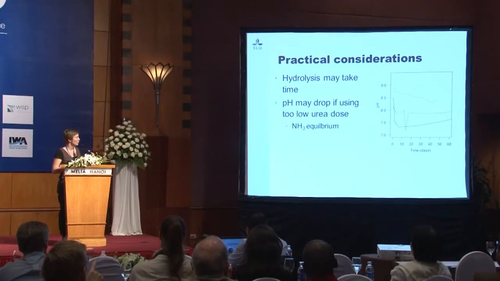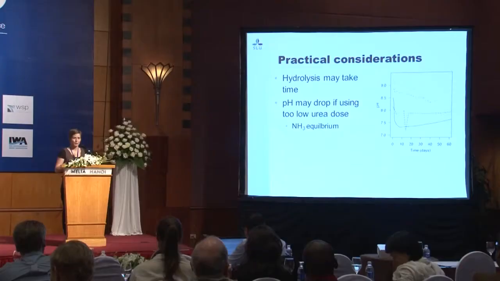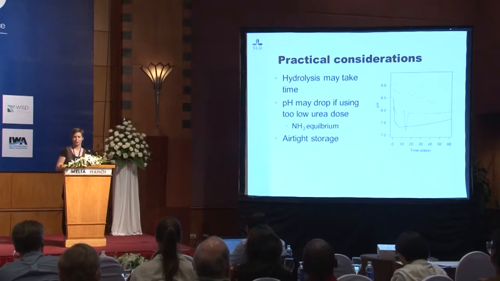And also, it was observed that if the urea dose was quite low, then the pH dropped quite fast, and the resulting ammonia (NH3) concentration became too low to be efficient to inactivate the pathogens. And also stressed again that it's very important to perform this treatment in a closed way.